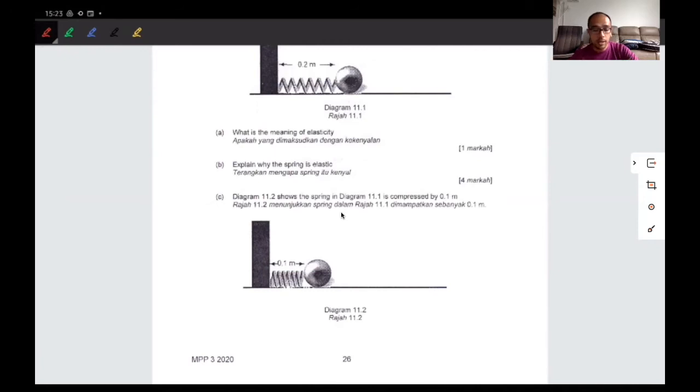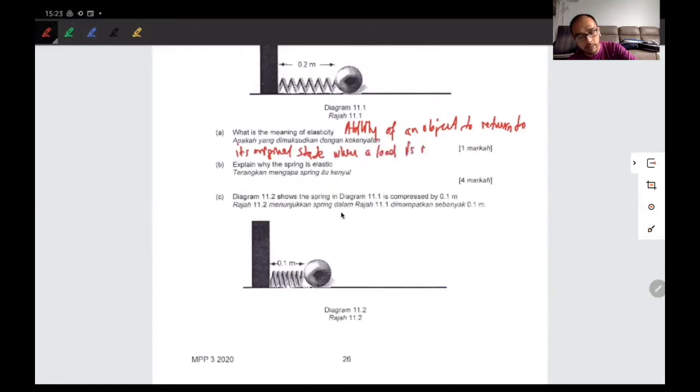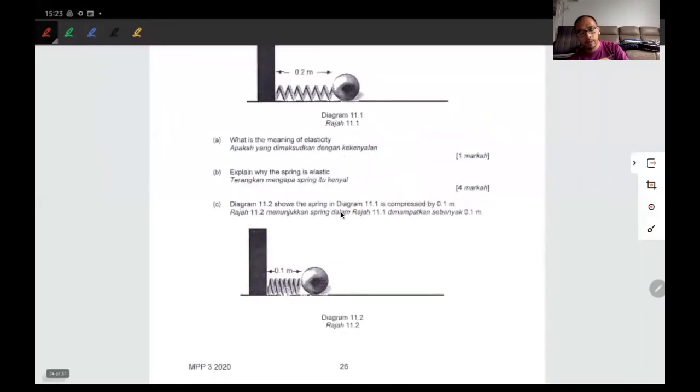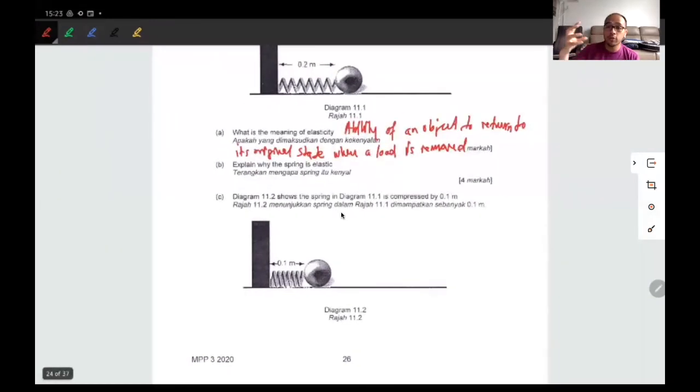Okay, so elasticity is the ability of an object to return to its original state when a load is removed. An ability of an object to return to its original state after you remove the load, it will go back to its original condition. So explain why the spring is elastic.